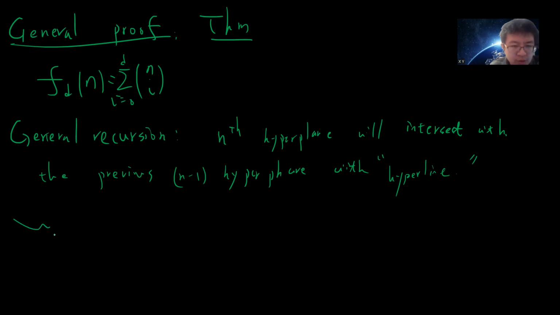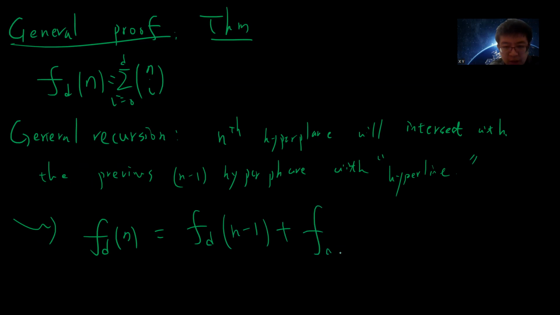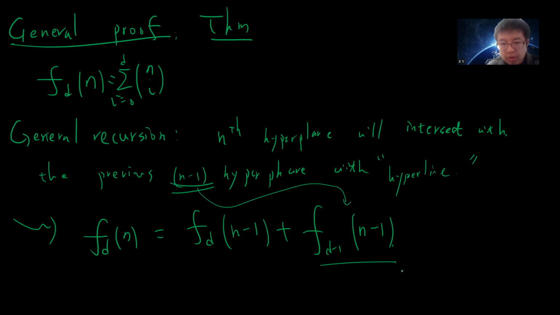So this gives you the following recursion relation. You get f of d, n equals f of d, n minus 1 plus f of d minus 1, n minus 1. So this guy will generate this, right? You can usually imagine this in the d equals 3 case and n equals 2. I think this is the easy way to imagine this is true.